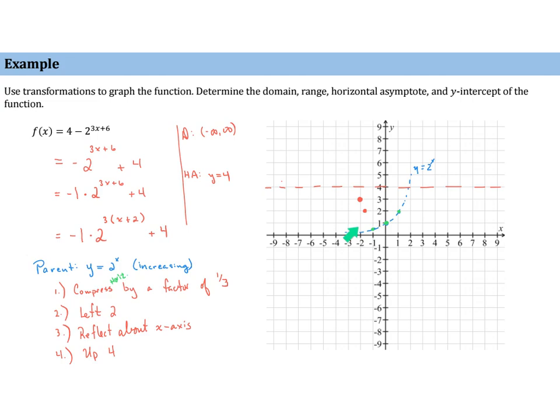Let's reflect that about the x-axis. So now we'll be at negative 1/2. Then we'll move it up 4 units. So 1, 2, 3, 4. So we will be at negative 2 1/3, 3 1/2. So let's approach our horizontal asymptote.